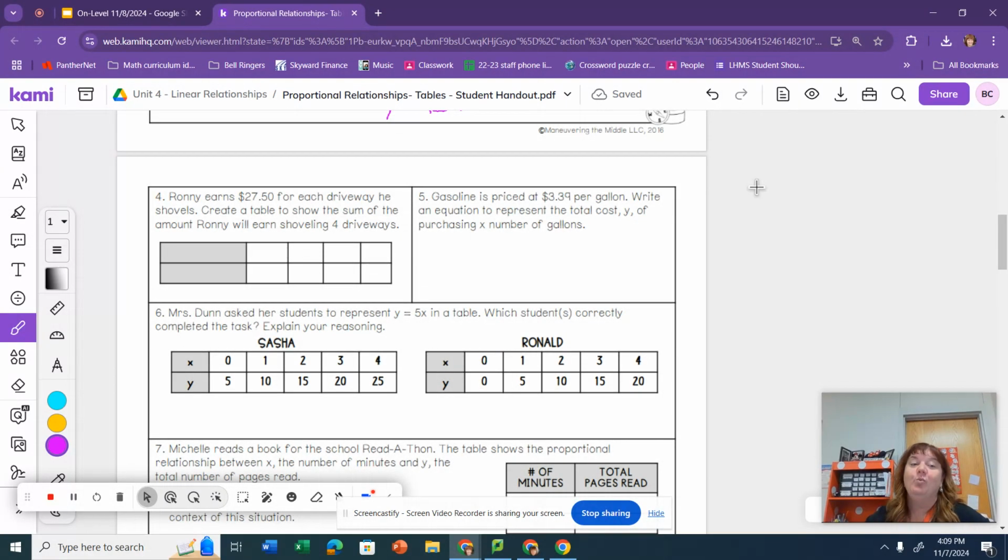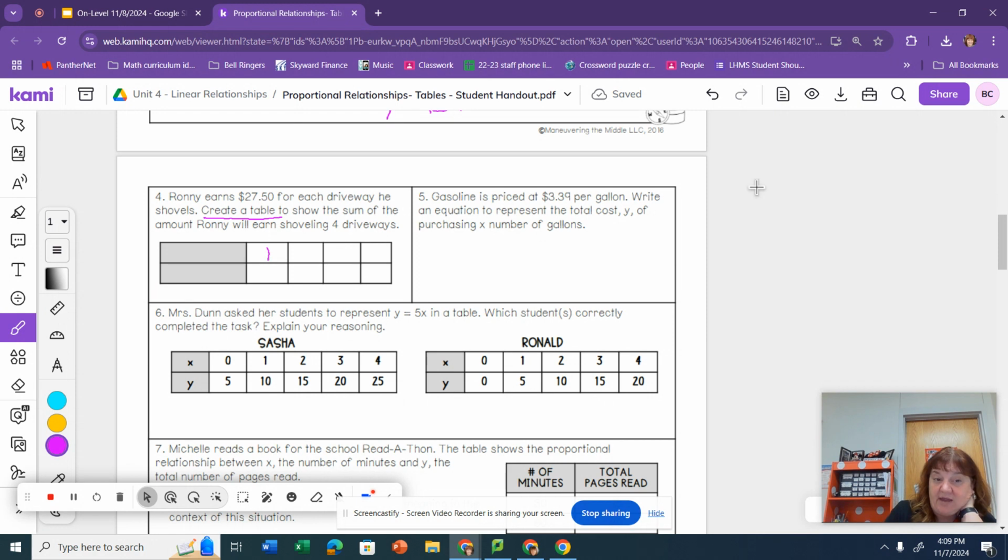Here we go. Ronnie earns $27.50 for each driveway he shovels. Let's create a table to show the amount Ronnie will earn shoveling 4 driveways.